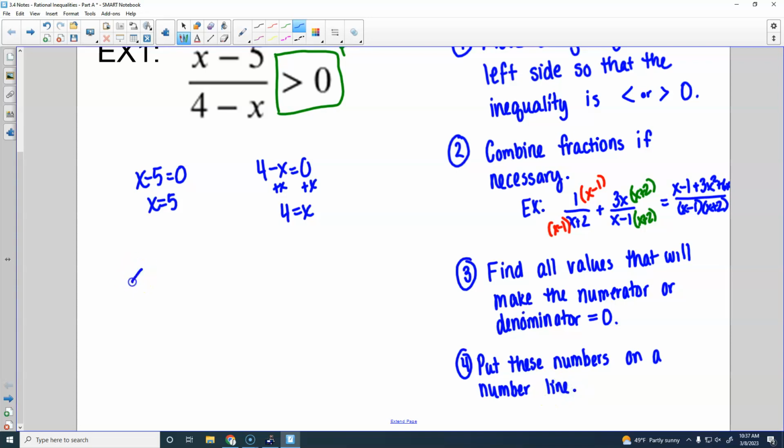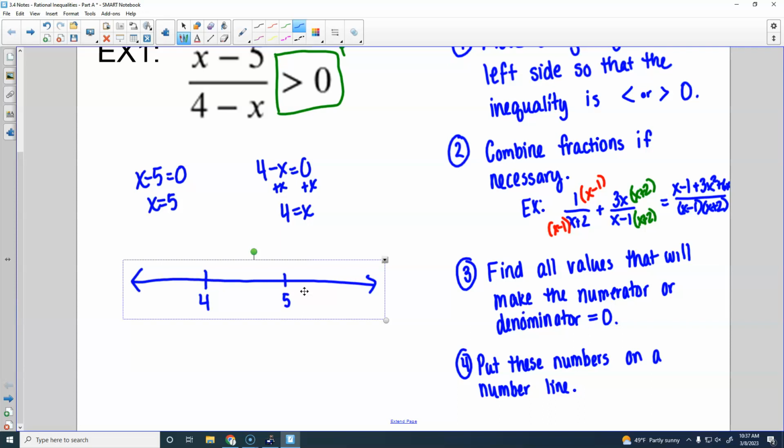Make sure they're in order. So, got me a number line. I'm going to put my 4 first, and then my 5. And so what happens here is at 4 or at 5, I would get values that would equal 0, either in that numerator or that denominator.